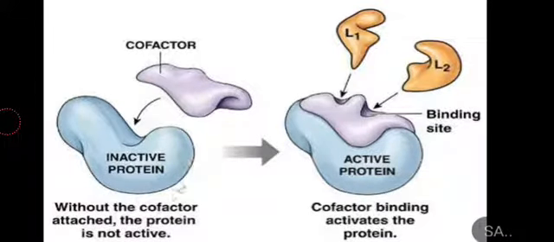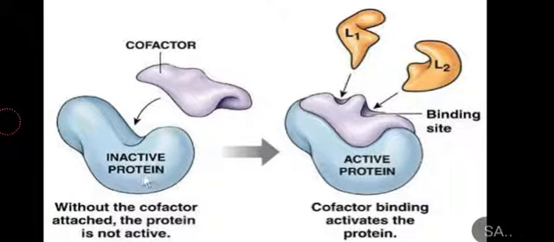Now I want to show you here, this is the inactive protein, because you can see the substrates, the reactants for enzymes, have a certain different geometrical shape, and they cannot fit here at this enzyme. So without the cofactor attached, the protein is not active.